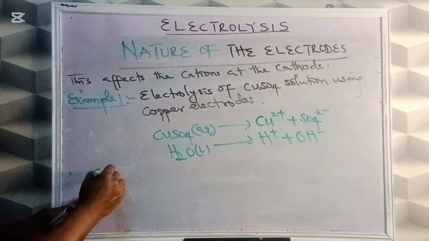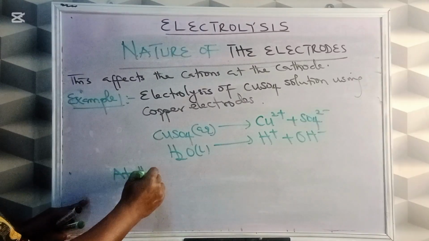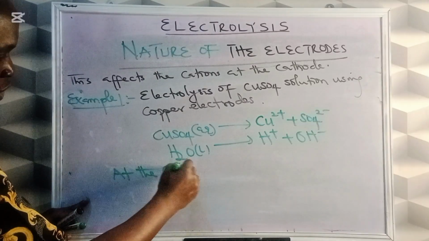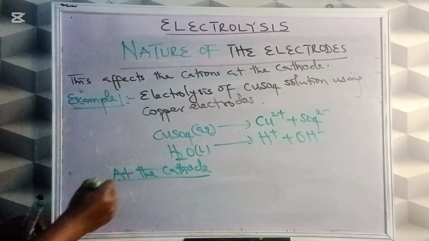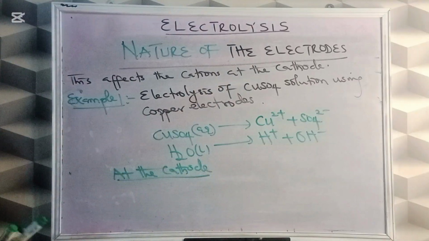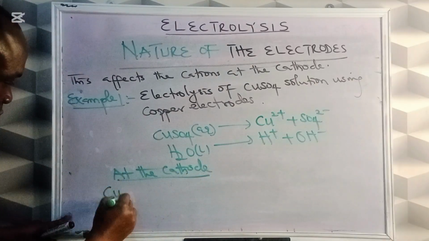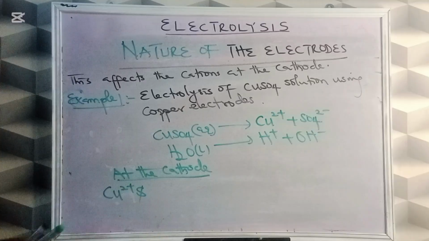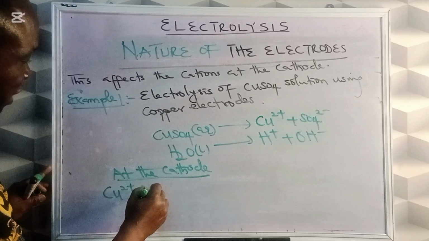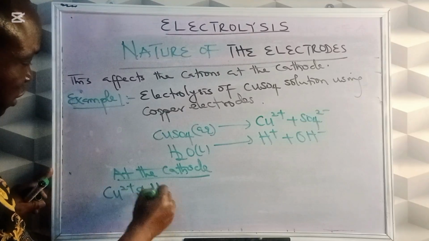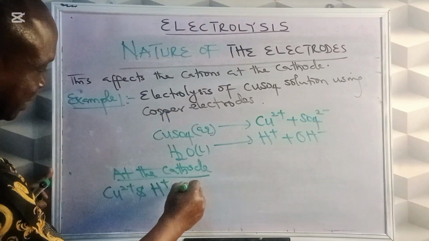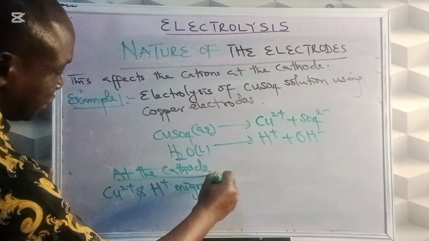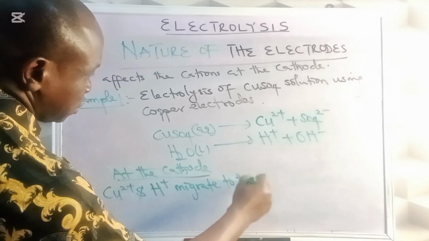That's what we have. So at the cathode, what happens at the cathode? Copper(II) ion and hydrogen ion migrate to the cathode.